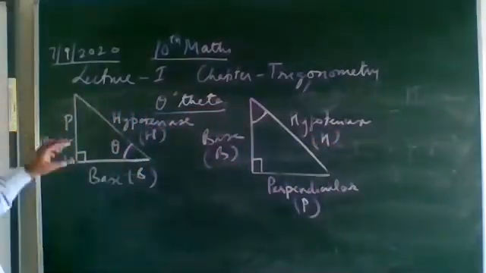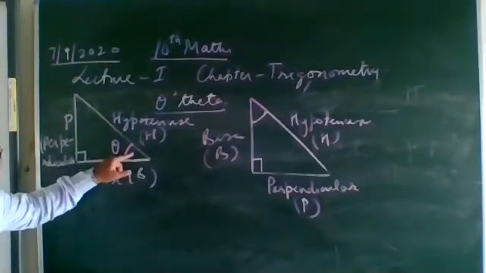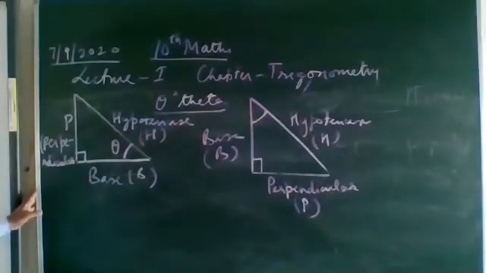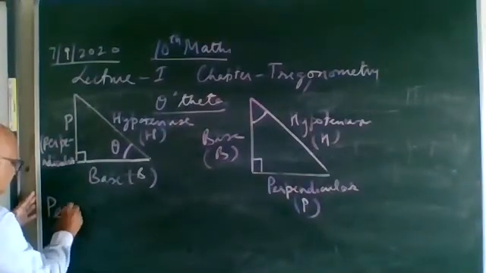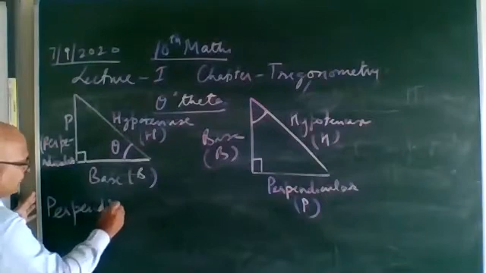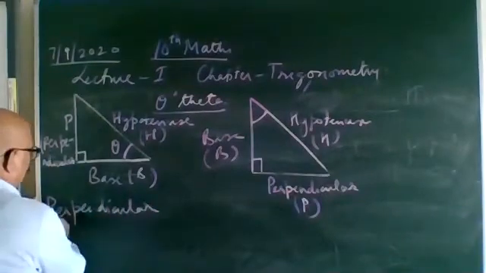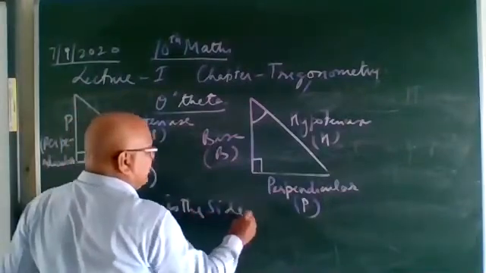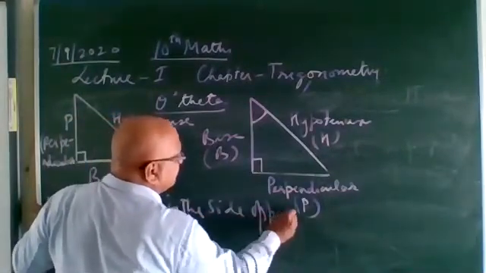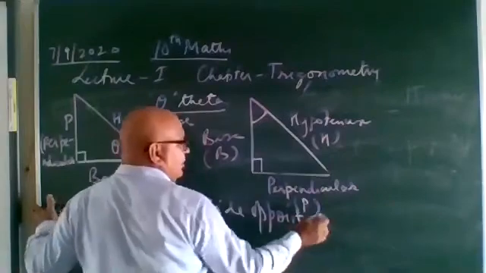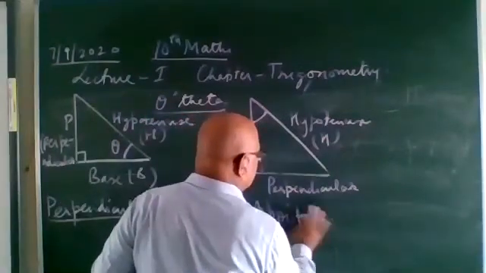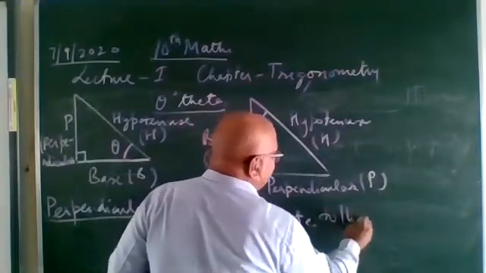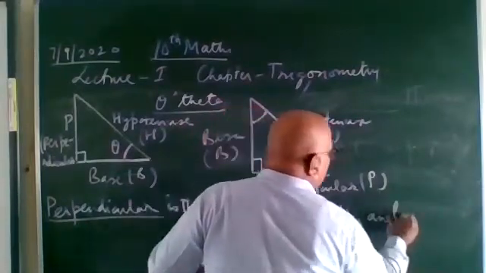Now in this, if I consider this angle, the perpendicular is this one. Perpendicular is the side opposite to the angle considered.